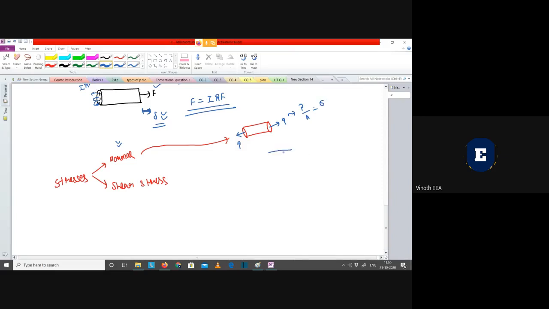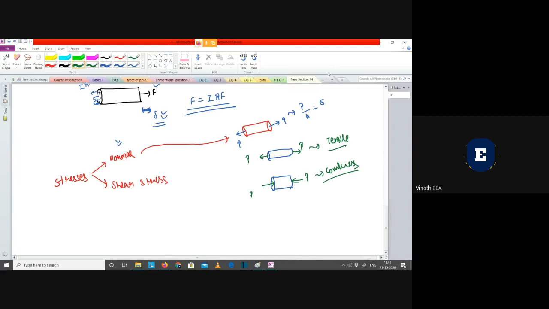Normal stress can be classified into two, based on the sign. One is tensile: if the load tries to elongate the member, it is tensile. If the load is trying to contract the member, then it is a compressive load.